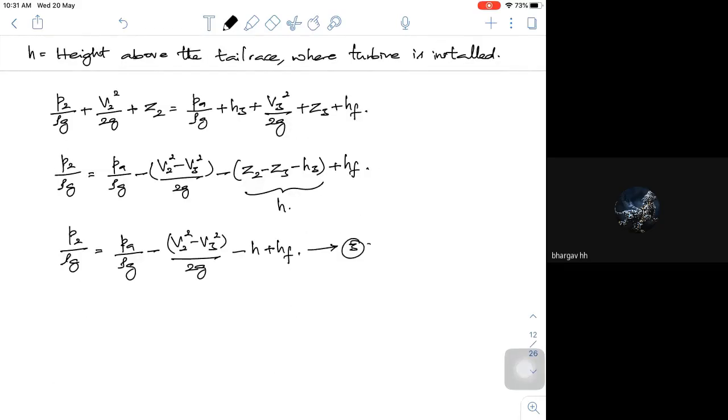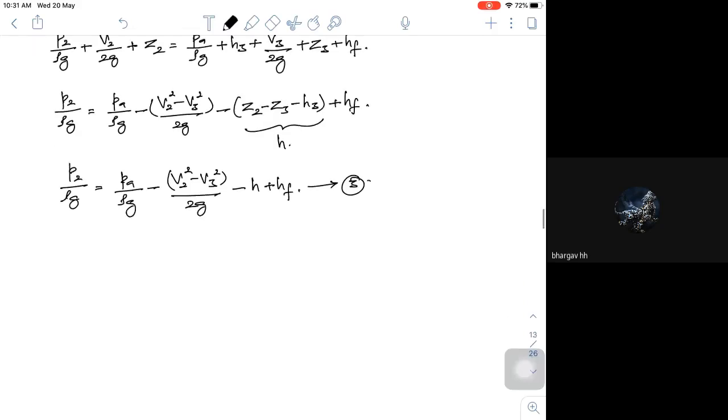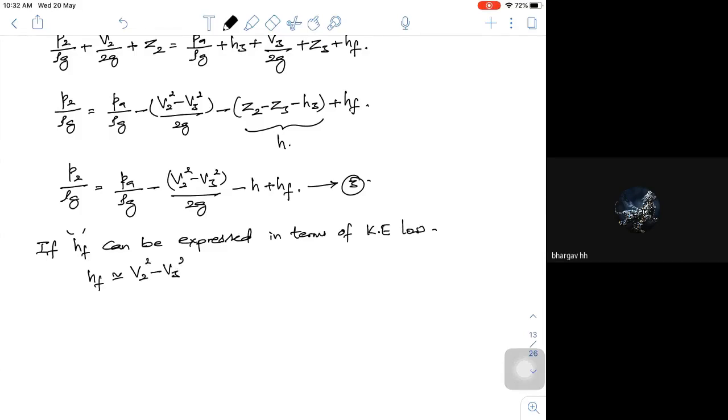Is it possible for me to represent the head loss due to friction in terms of kinetic energy loss? HF will be equal to V2 square minus V3 square by 2g, proportionately.